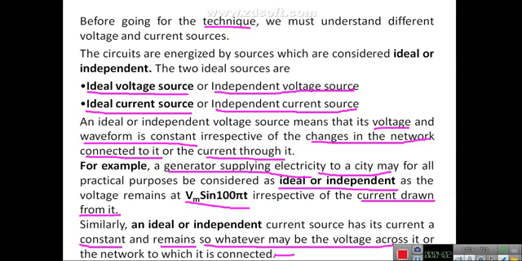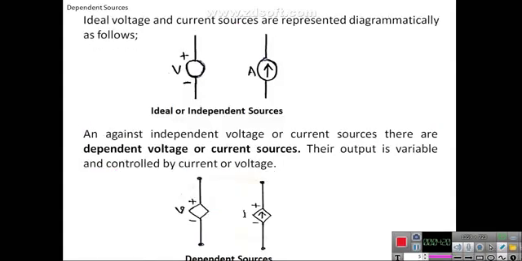So that is what you can call an ideal or independent current source. Now ideal voltage and current sources are represented symbolically as follows. So this is your ideal voltage source representation, and this is your ideal current source.